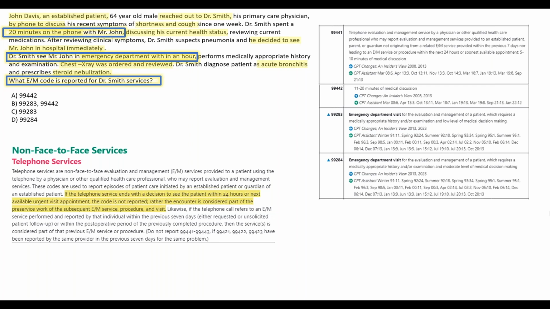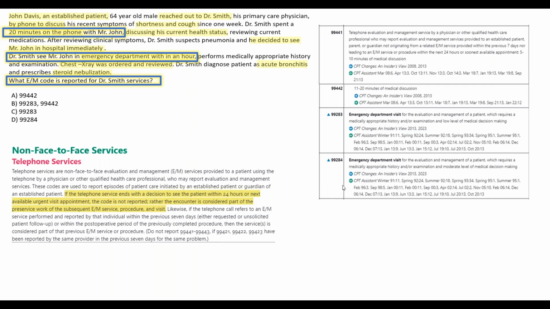So coders, my question: did Dr. Smith see the patient after the telephone service? Yes, and that too happened within an hour. So as per the guideline, if a telephone conversation ends with a decision to see the patient, can we bill telephone services?